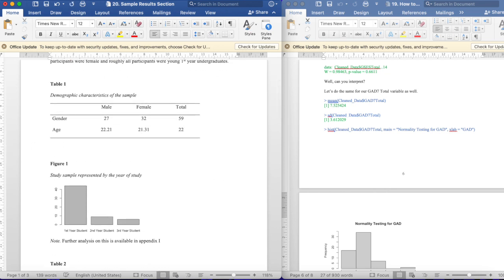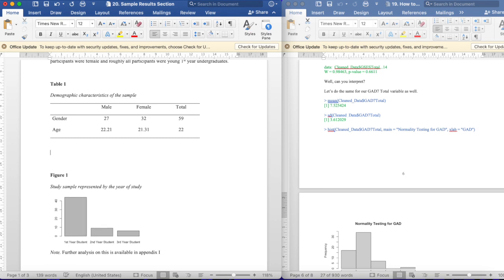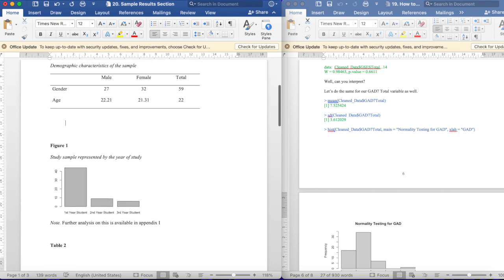And then I'm going to write again a bit of narration here. The sample mostly had, let's say the sample mostly had. Now, since I'm just typing it right now, there could be some inaccuracies in my language use.